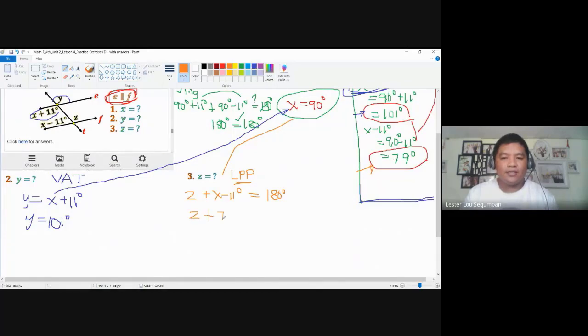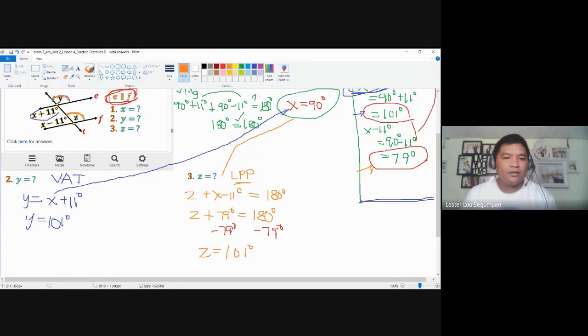Z plus 79 degrees must be equal to 180 degrees. Then simply apply the subtraction property of equality. You will get a value for z, which is 101 degrees, which could actually be related to the angle pair formed by angle y and angle z.